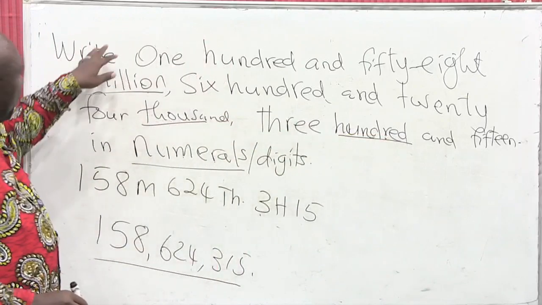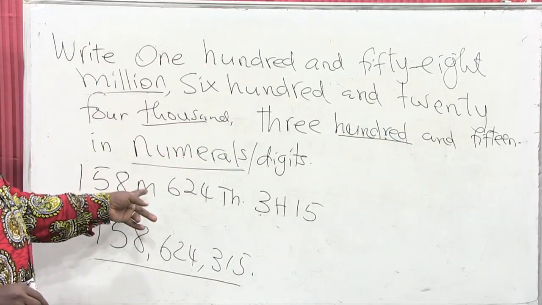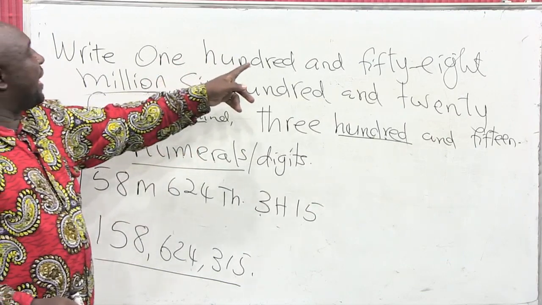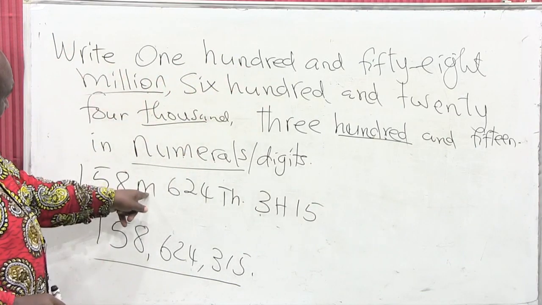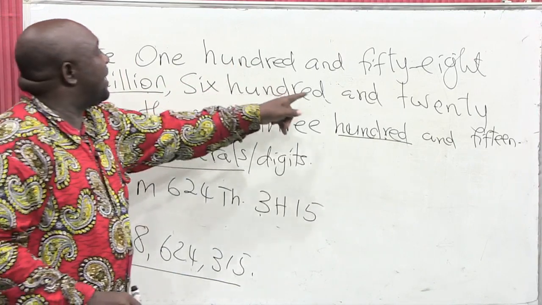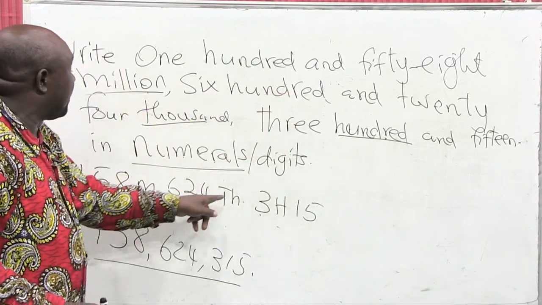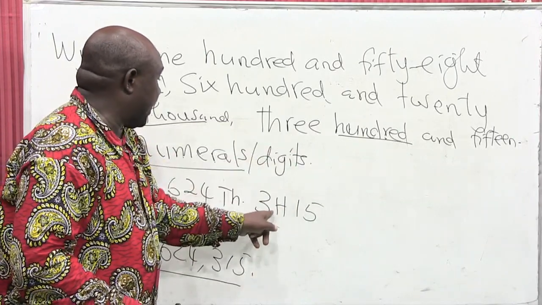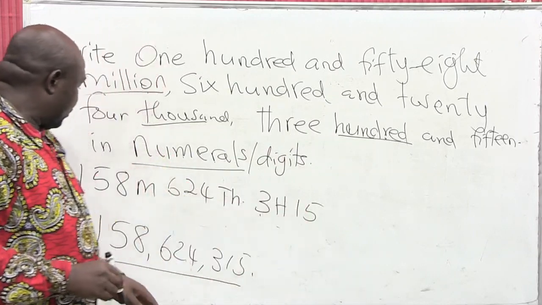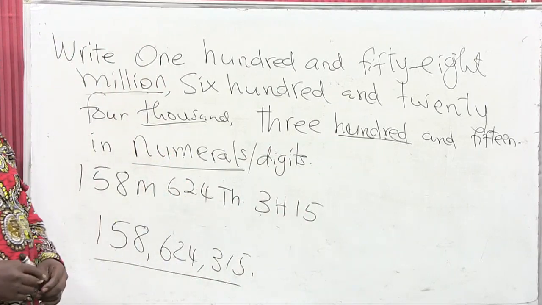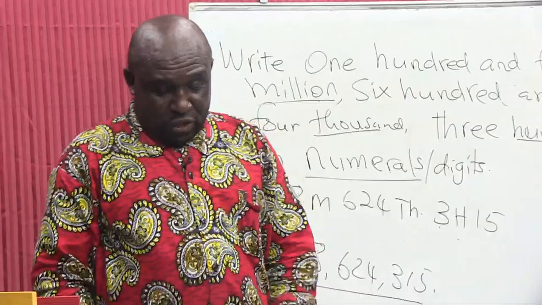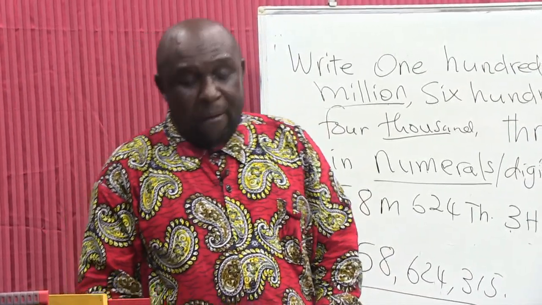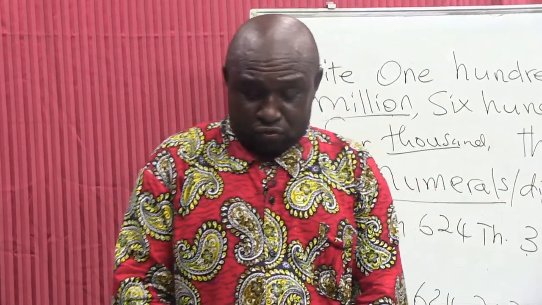There are 3 periods there. Then you insert the periods: 158 M, 624 TH, 3 H, 15. So this will be very simple. Now you have seen that the concept of periods helps you to write the number both in numerals and in words.